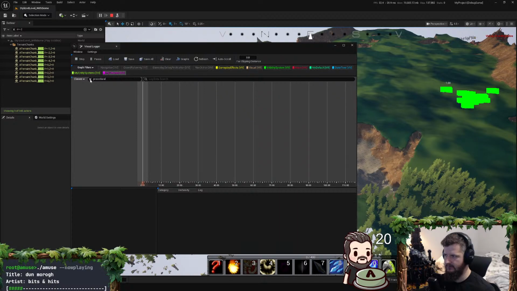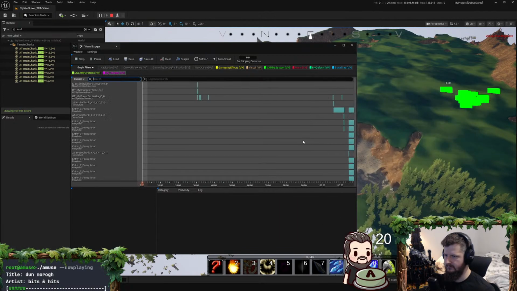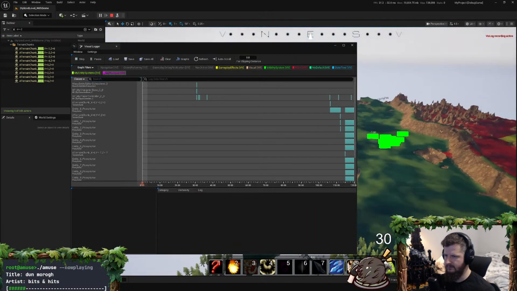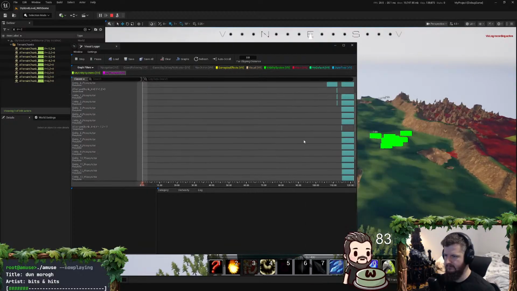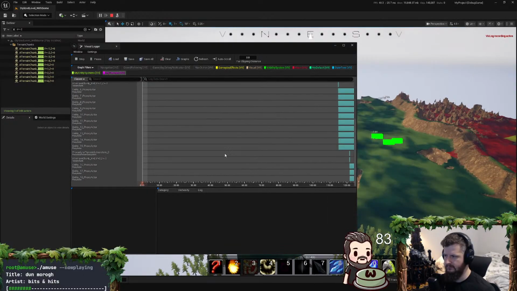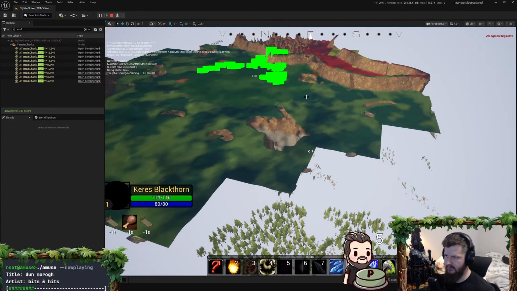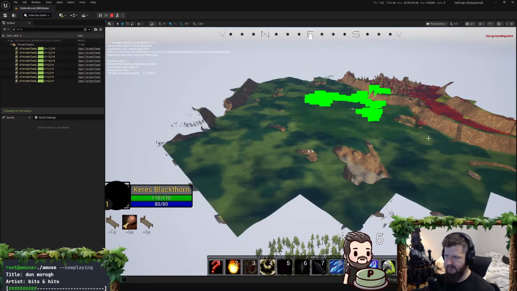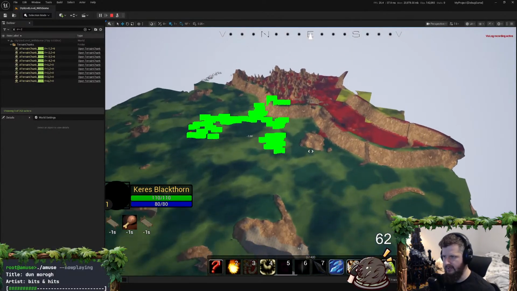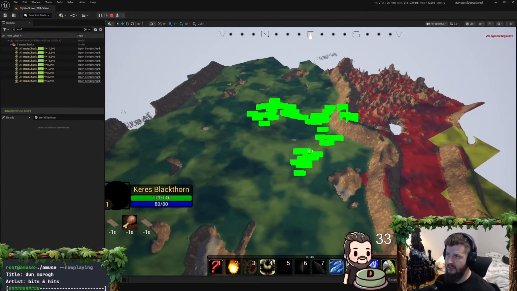I think we are. Yeah, there they go. Okay, good. Look at the nav mesh here. Yeah, so it's gonna spawn on chunks once the nav mesh finishes generating on them.